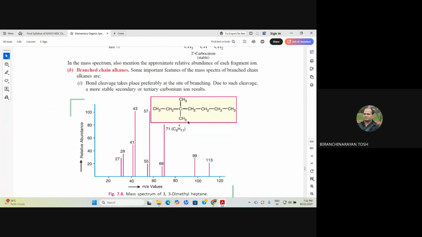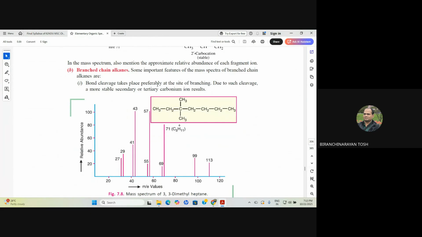The molecular formula is C9H20, which means 108 plus 20, 128. The 128 peak is not observed here. The highest peak is observed at 113, which means one methyl group has been removed: 15 mass units lost, giving 113.